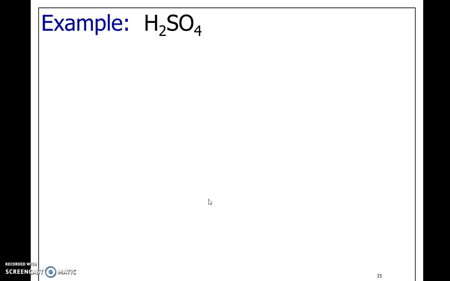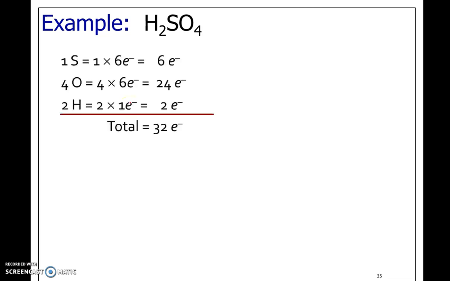Now with acids, that's another exception to our system. Here we don't want to put hydrogen as our central atom, because hydrogen can only bond once. So if we look at the valence electrons of all our elements, you see sulfur and oxygen are both in group 6.